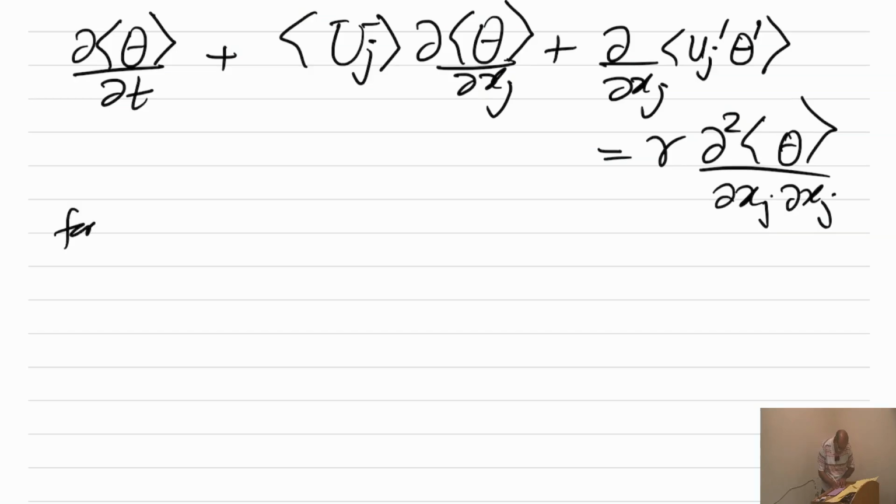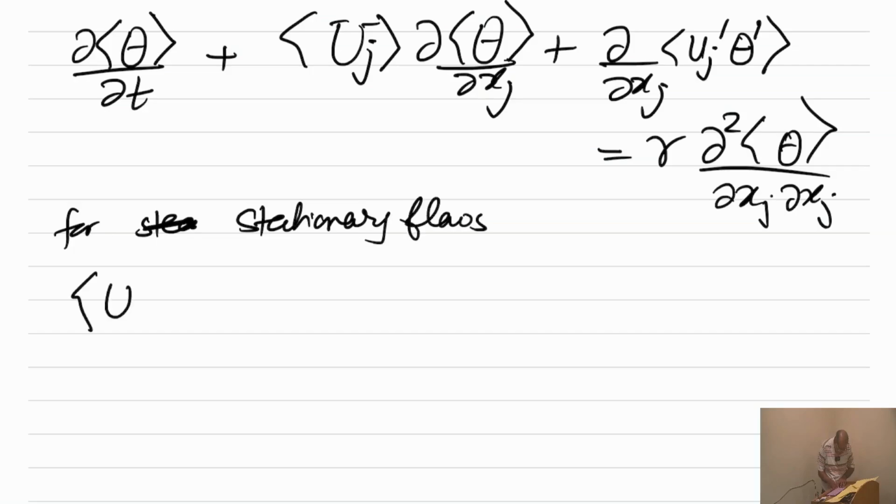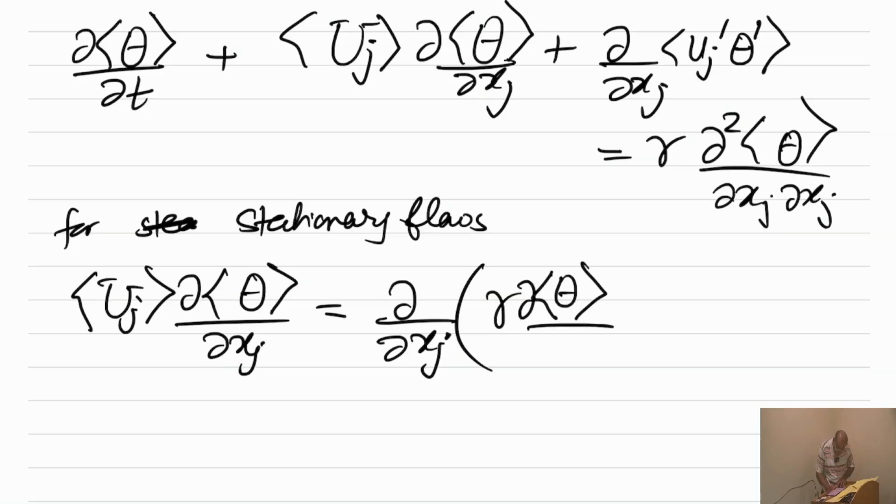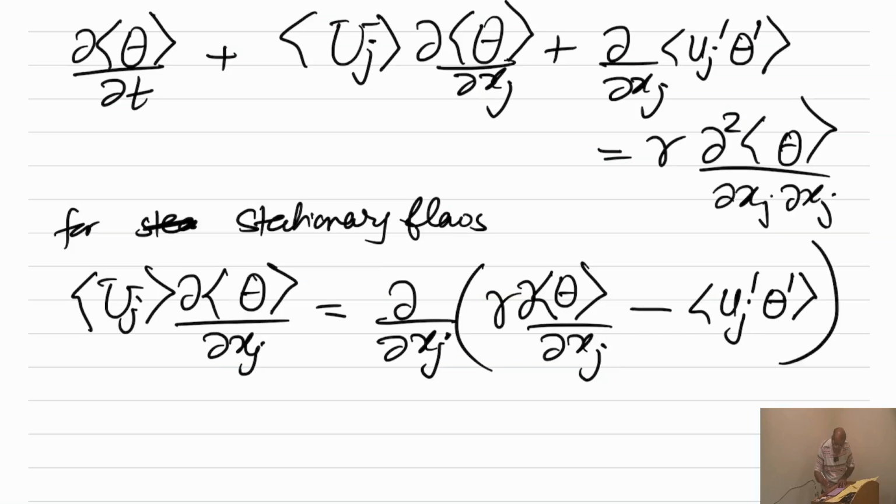For stationary flows, one can write it as mean of uj d theta by dxj is equal to d by dxj of gamma times d theta by dxj minus uj prime theta prime.